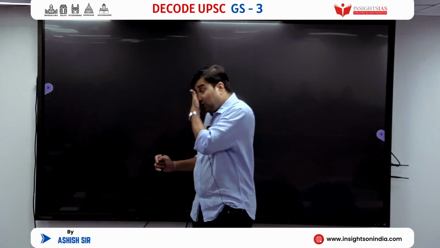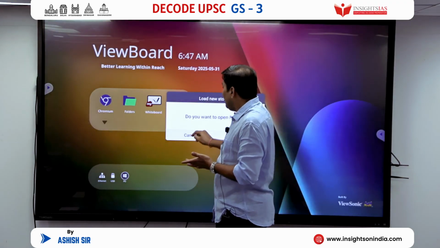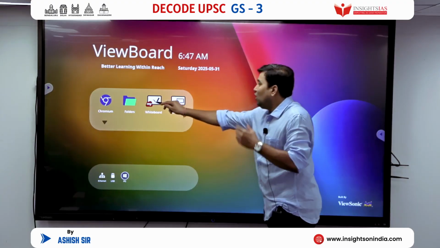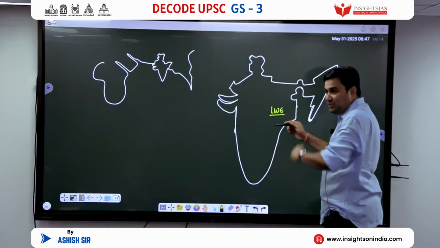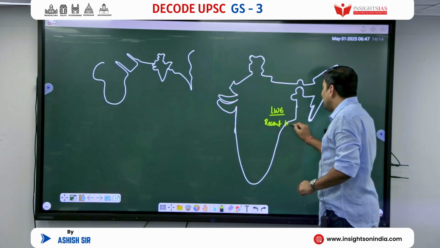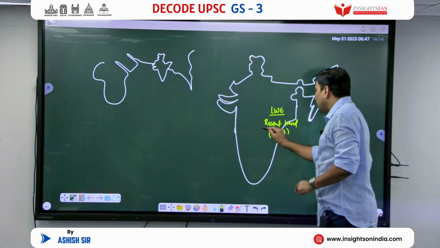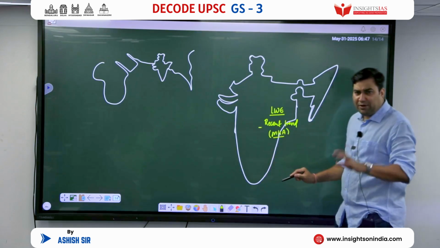So when you are preparing, you should prepare in an integrated way where you should know all the basic aspects of this. For example, left-wing extremism, as I mentioned, you should know the recent trend as per the MHA report, right? MHA report or NCRB report, National Crime Records Bureau, right?